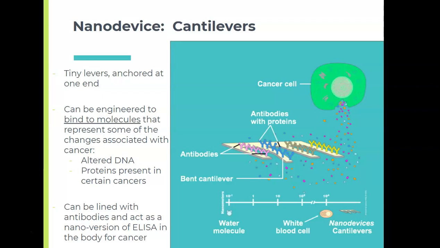So in essence, it's kind of like a mini ELISA test for cancer. If you think all the way back to Unit 1, we tried to detect Sue's meningitis antigens using specific antibodies. And pregnancy tests work in a similar way. This is a nano-size scale that might be able to work.